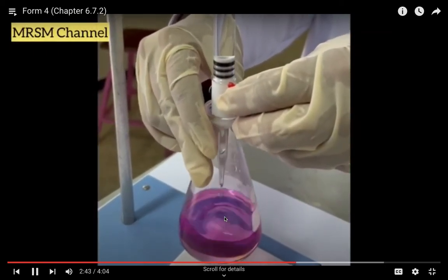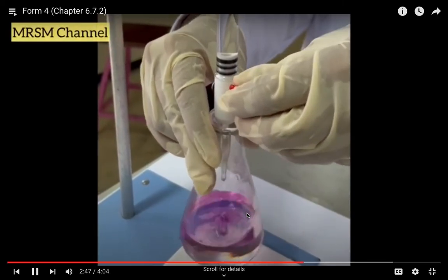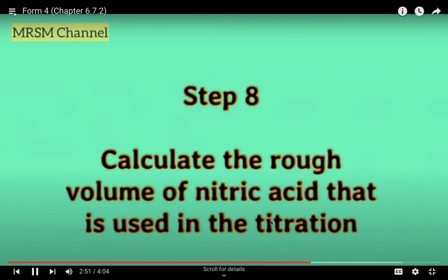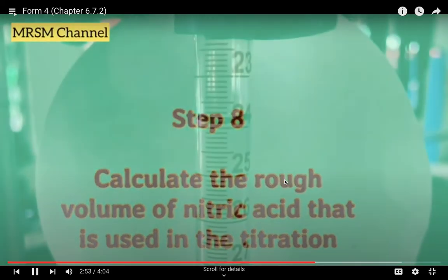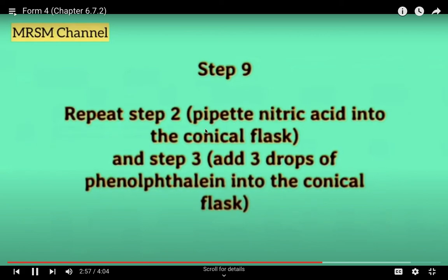Dia pusing-pusingkan conical flask tu. So add sampai colourless. Tada, colourless. So what should you do? Stop. Jangan tambah lagi dah. Kalau awak tambah lagi dah, dia akan jadi acidic. Okay, and then you calculate the rough volume tadi dengan final tolak initial reading. This is our final. Tolak tadi, dapatlah the rough.